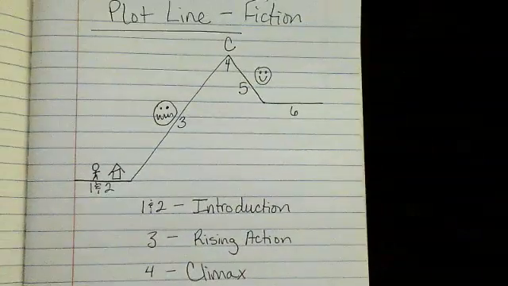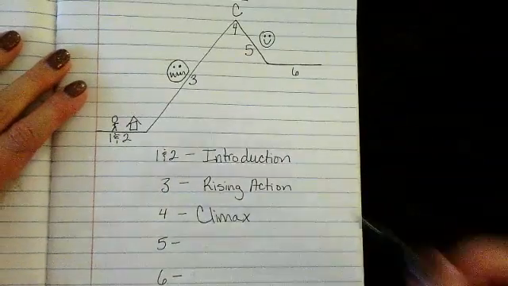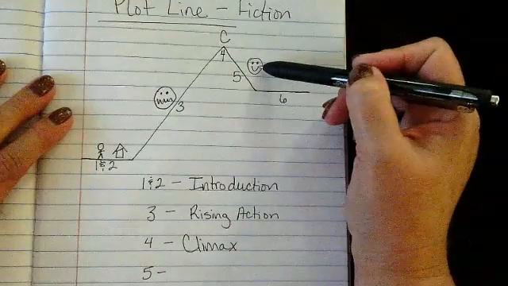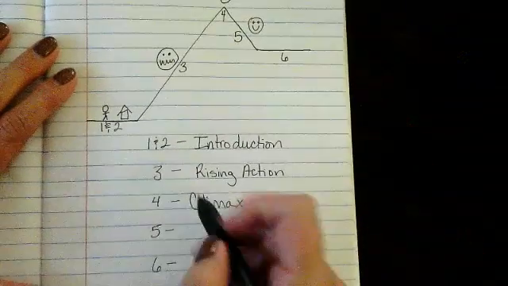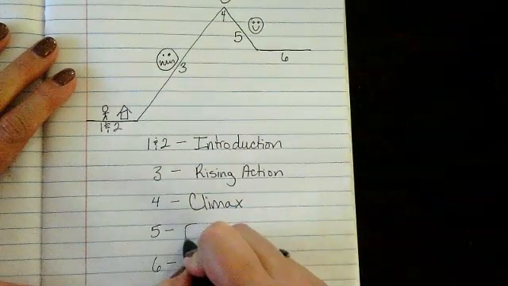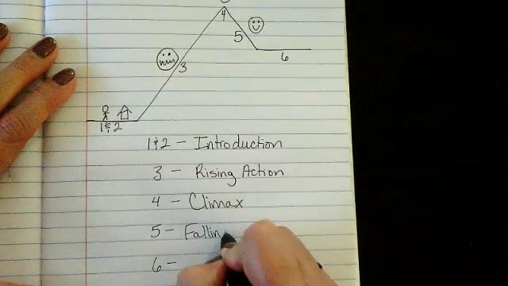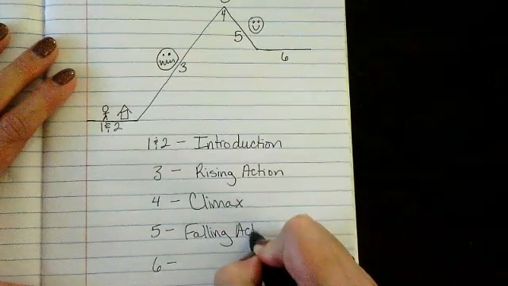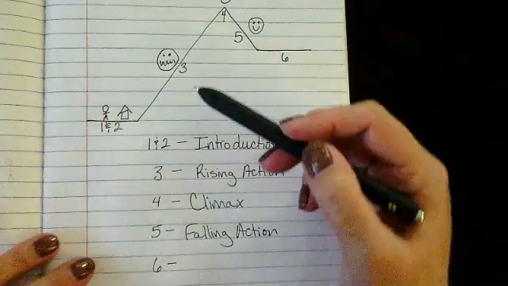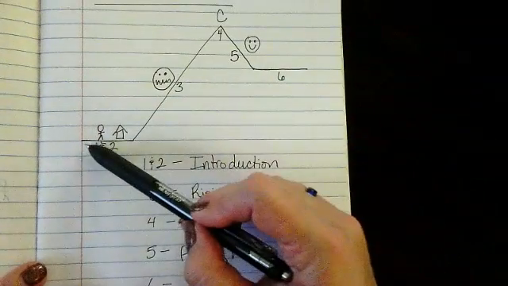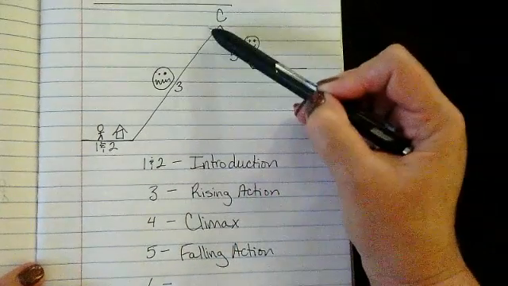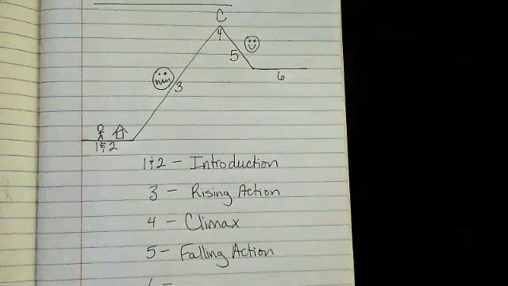So our character has figured out how to solve their problem, and now they're actually going to solve it. So number 5 is what we call the falling action in a story. And if you think of it kind of as a roller coaster, like you're trucking along and you're going way up and you get up that big top hill and you're like, oh my gosh, I'm never going to be able to go back again.